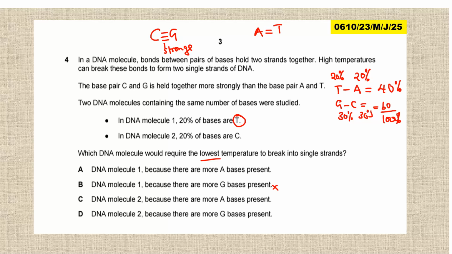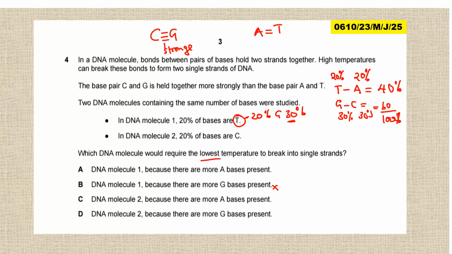Now see, DNA molecule 2, because there are more A bases. Do we have more A bases? No. It's supposed to be DNA 2. Look at this. So for 1, we've calculated, if it's 20% for this, which means G is 30%. So this one is hard to break because we have more of this.